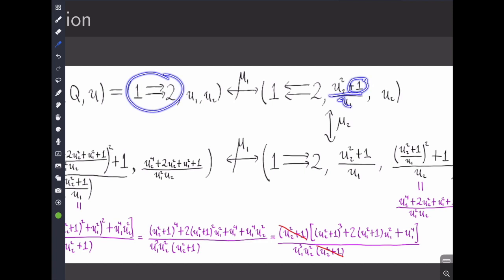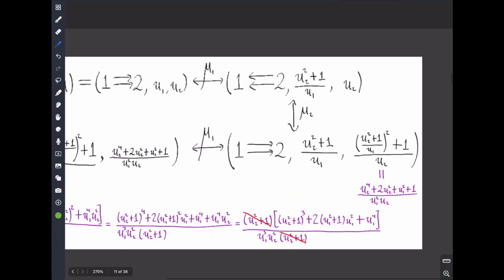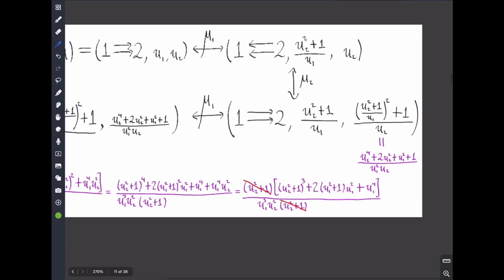Then divided by the old one. Mu2, you take now this one, and you replace U2, but you see now again, it's the U1 for this one squared. So here, squared plus 1, divided by U2. And now this one, of course, now you simplify.